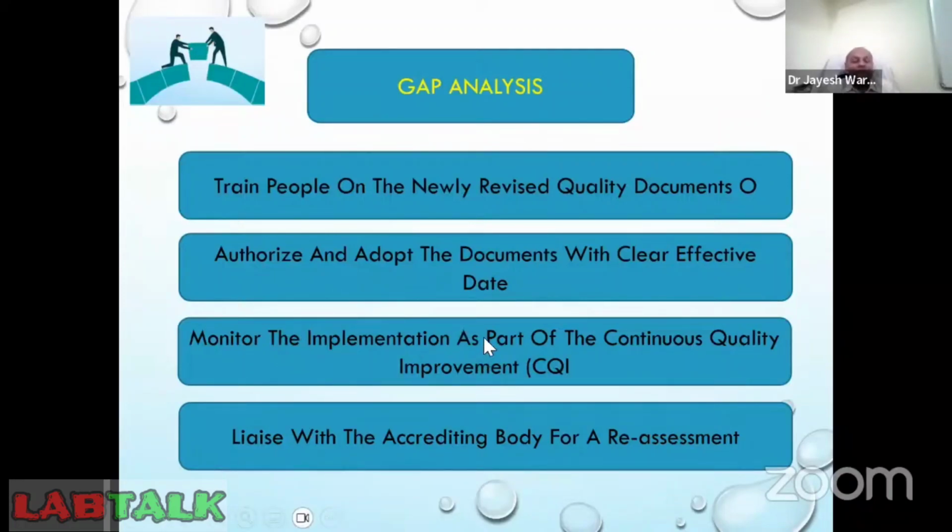Once you have finished monitoring and placed the complete management system in place, you can liaise with the accreditation bodies for reassessment. This liaison with the accreditation bodies is a voluntary process. After implementation of the new standard, you can communicate with them and have your laboratory reassessed as per the new standard.